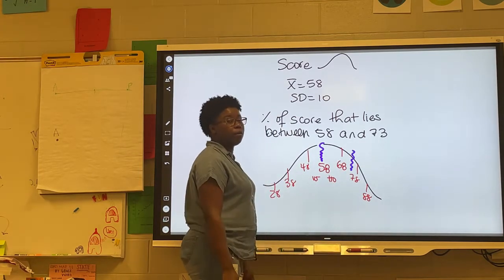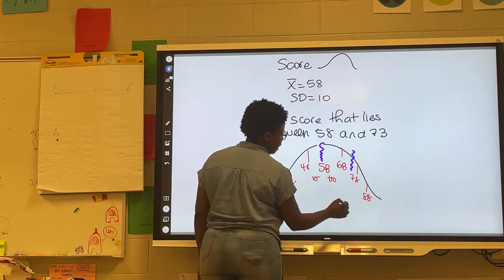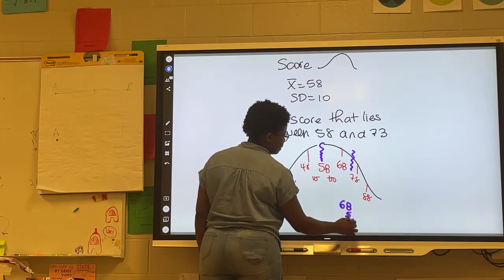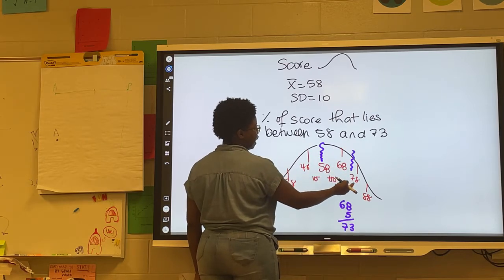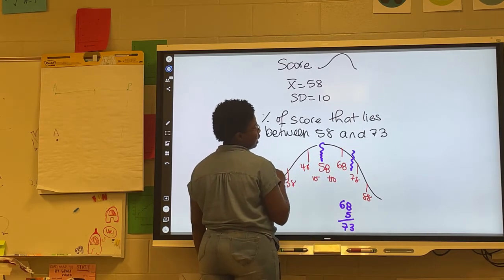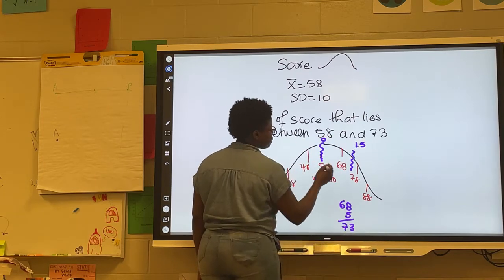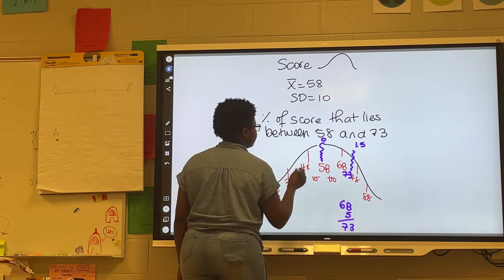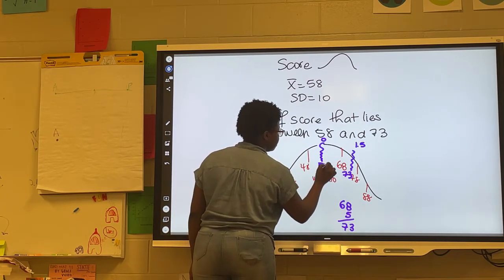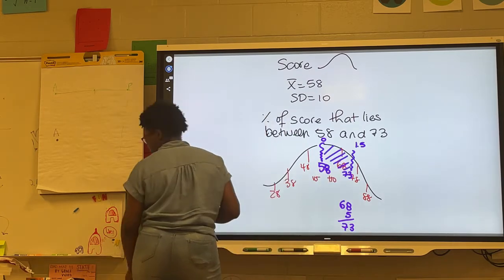But since I am moving by 10, if I find half of that region, I could say 68 plus 5, and that will give me 73, which is halfway between 68 and 78, which is basically your 1.5 standard deviations. So right here, you would find 73.